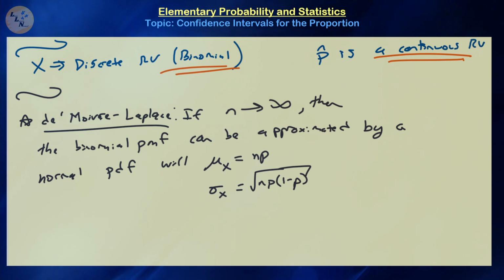So if we're using approximations, then that would be p hat, and p hat approximations, right? So this is pretty much the key here.